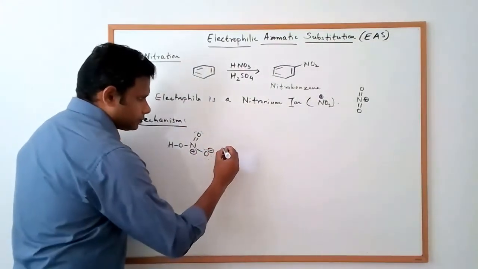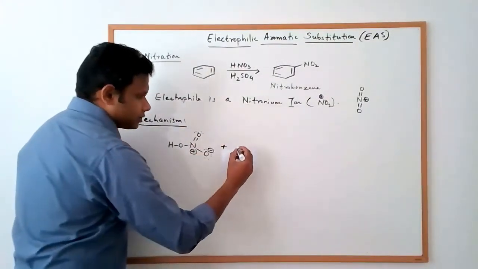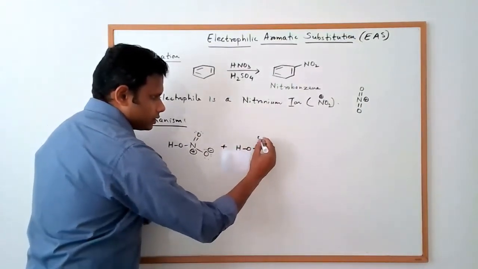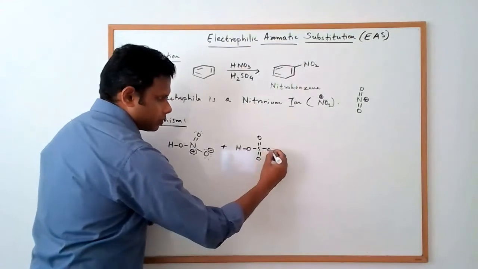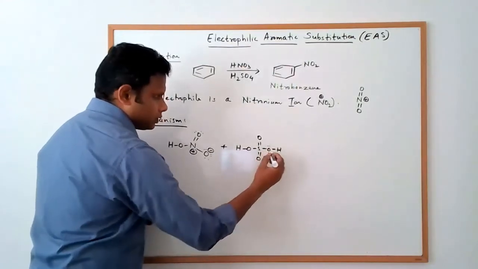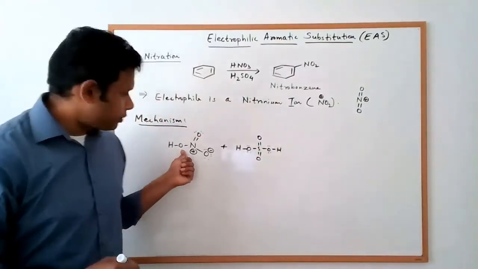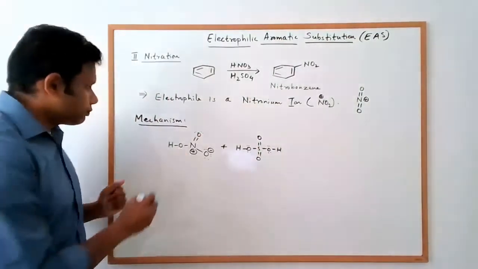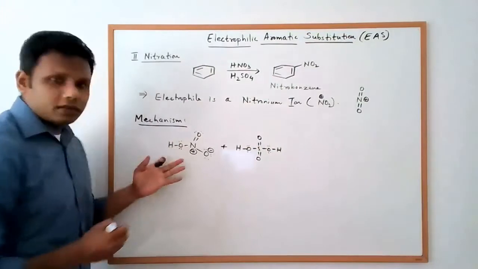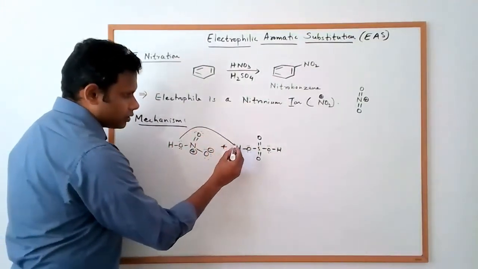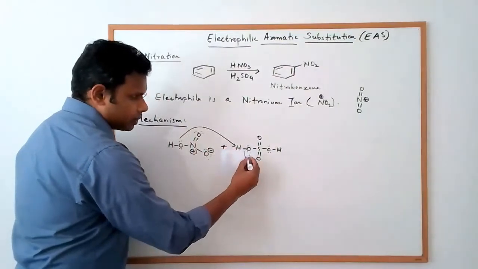And when this reacts with sulfuric acid, which is HO S double bond O, OH, the oxygen which is part of the hydroxyl group in this nitric acid can get protonated with the sulfuric acid.